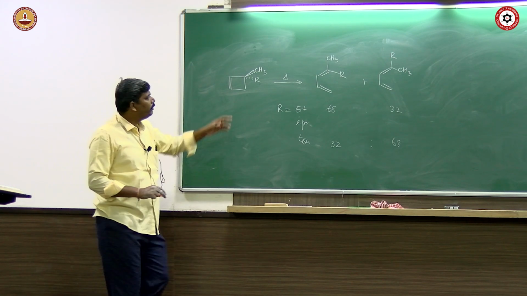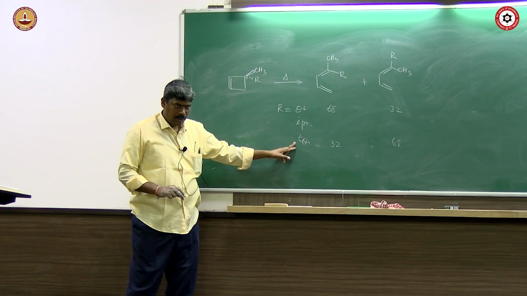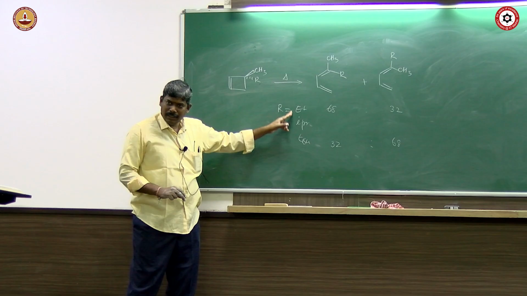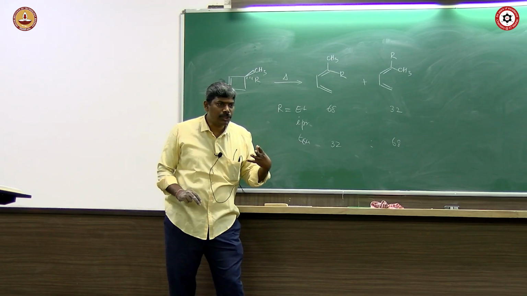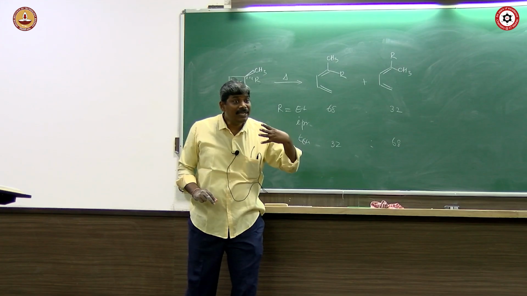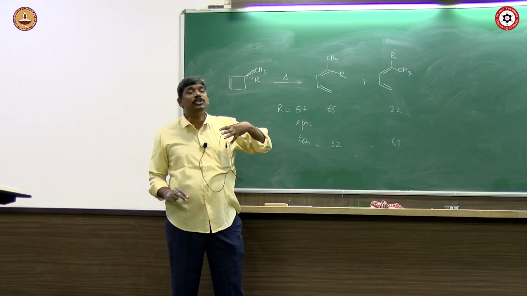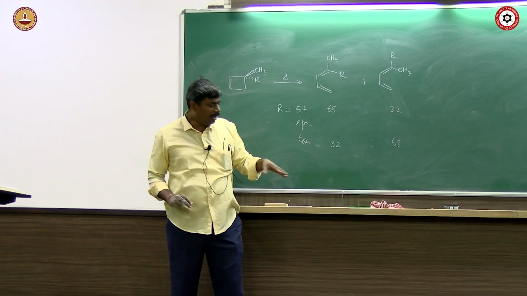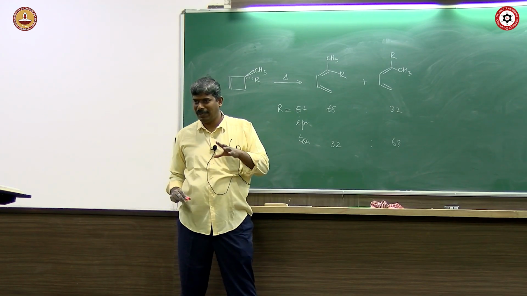When you compare methyl and an R group, as you keep increasing the substituent, the bulk increases. That means the bulky substituent prefers to stay outside. When there is an option to go in both directions, it prefers to stay outward. Of course, there is some amount of inward product as well.